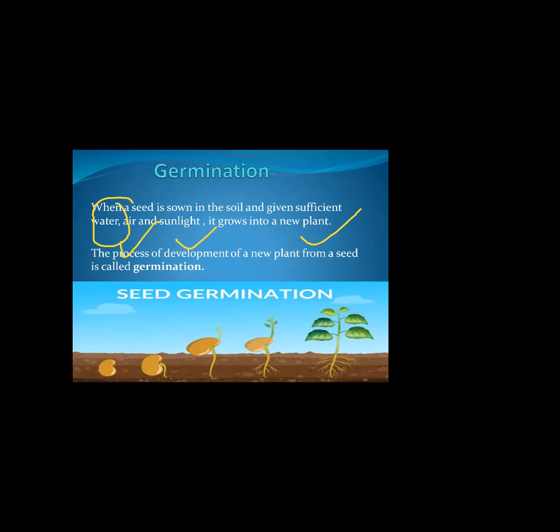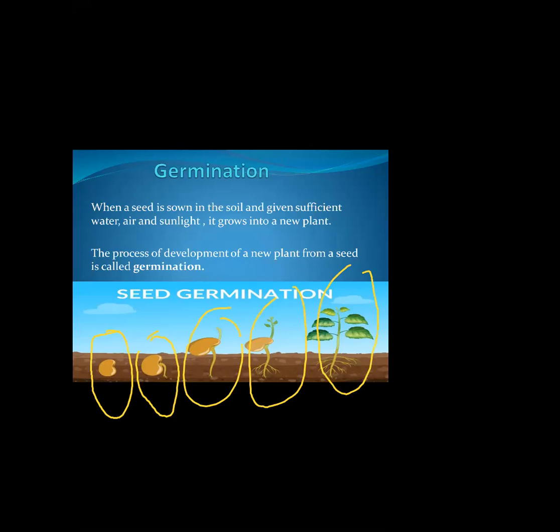Now if I want to plant a new plant, what I'm going to do is put a seed in the soil, give it water, and put it under the sun. Because of water, air and sun, after some time this seed will start growing. Now the roots will come out, then the shoot will come out, and it will change into a full plant.